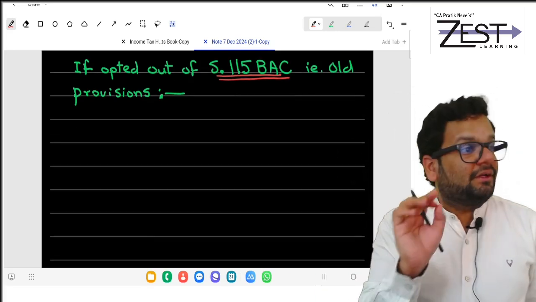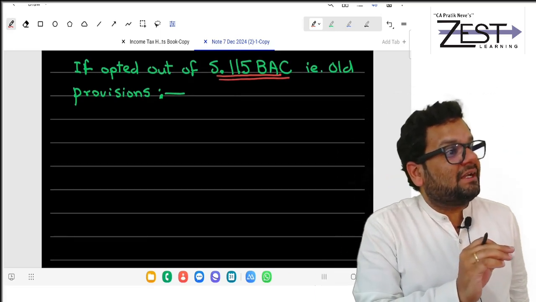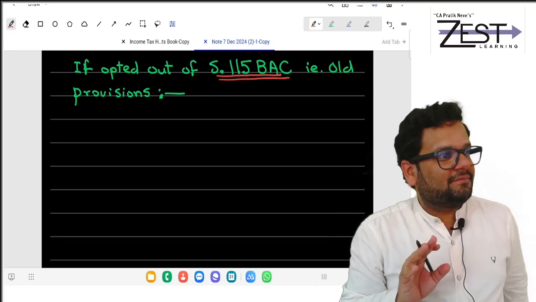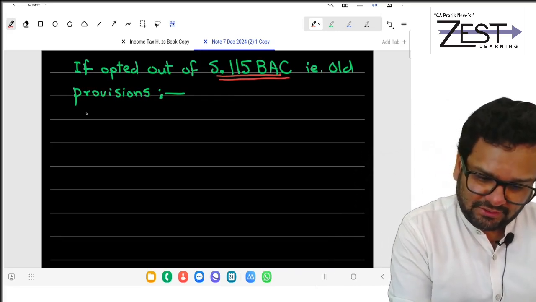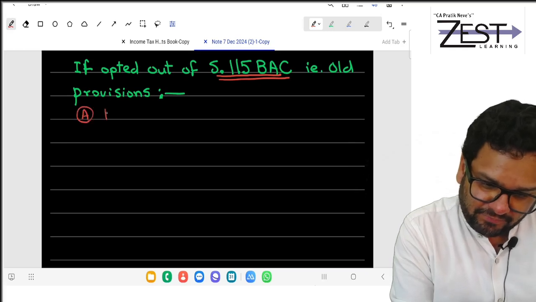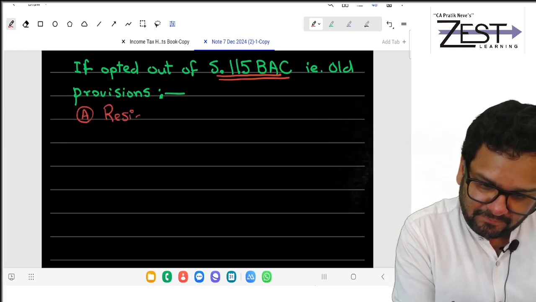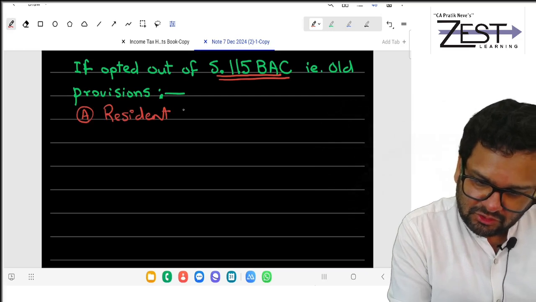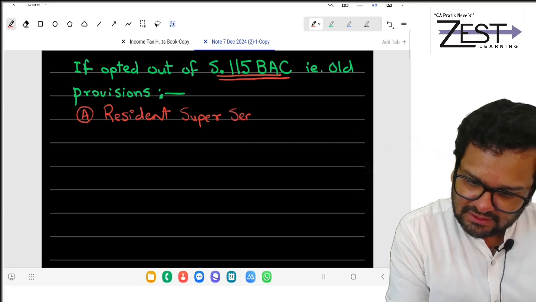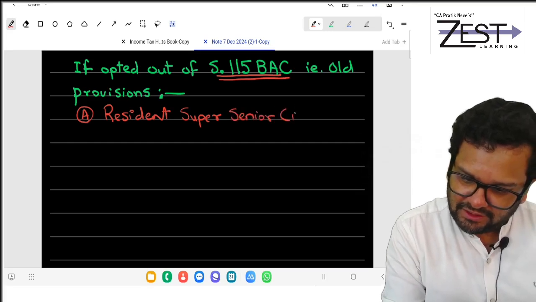Understand now. It depends on who is that individual. If that individual is A category, resident but super senior citizen.